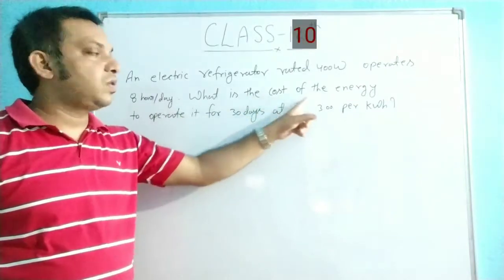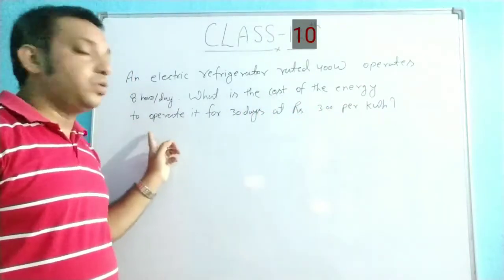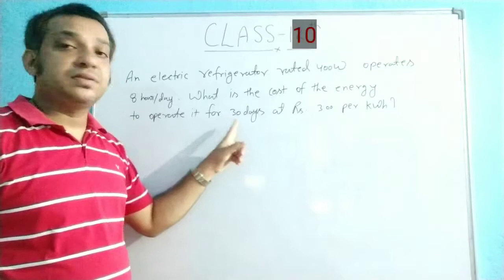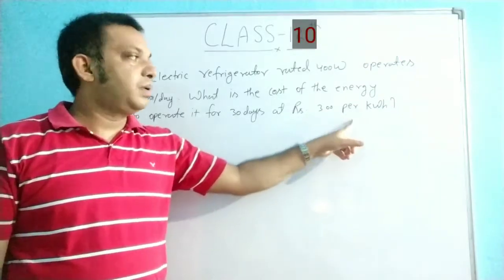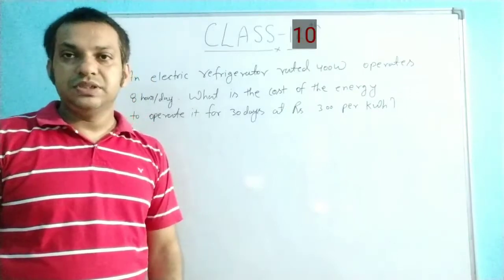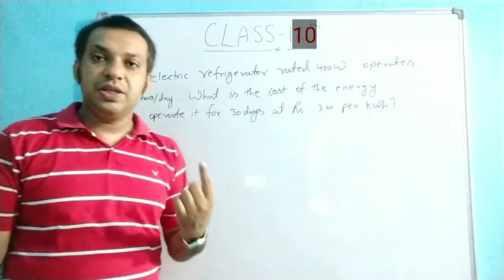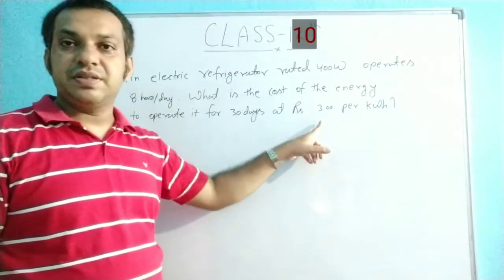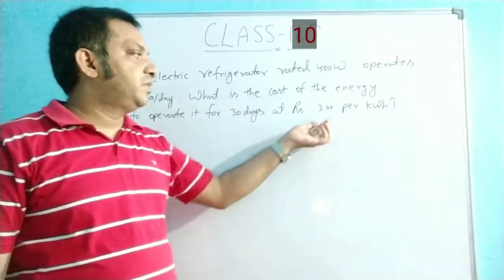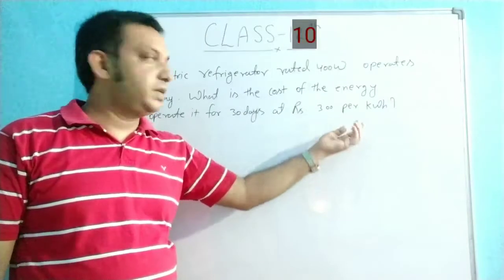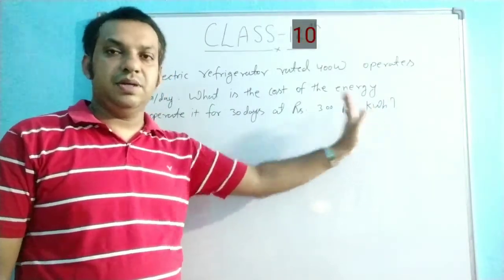What is the cost of the energy to operate it for 30 days at rupees 3 per kWh? That means 1 unit costs 3 rupees. This is the tariff of the electricity company or electricity board, 3 rupees per unit.